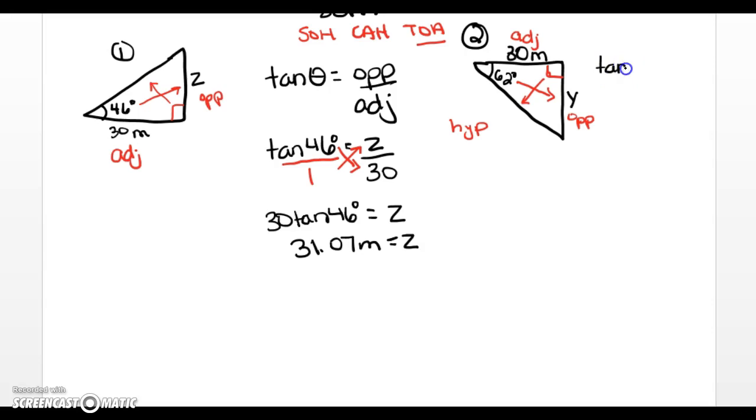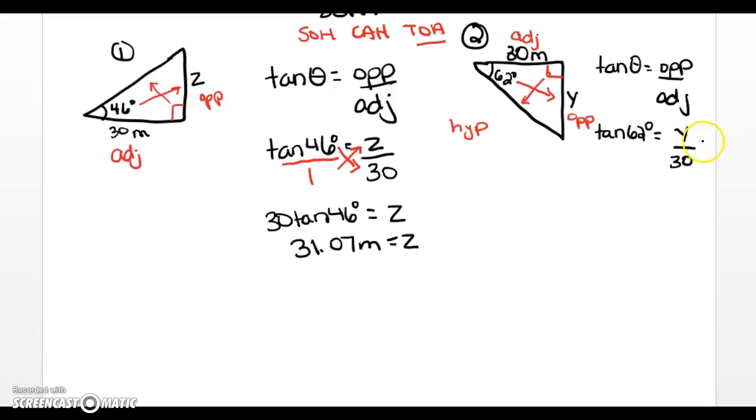So we have tan of theta is equal to your opposite over your adjacent. Then we're going to plug in those values. We know that the angle is 62 degrees. So you have tan of 62 degrees is equal to your opposite, which is y, over your adjacent, which is 30.